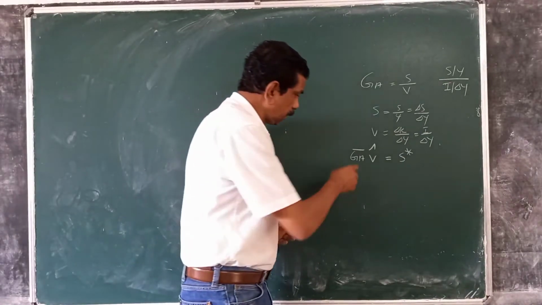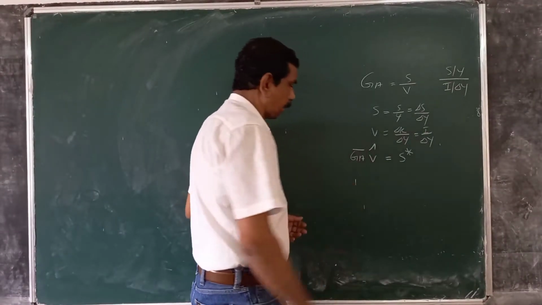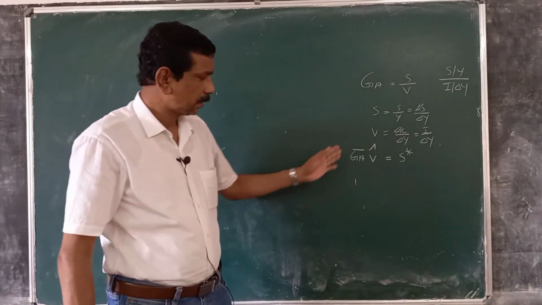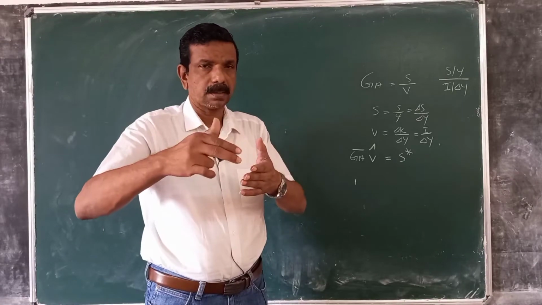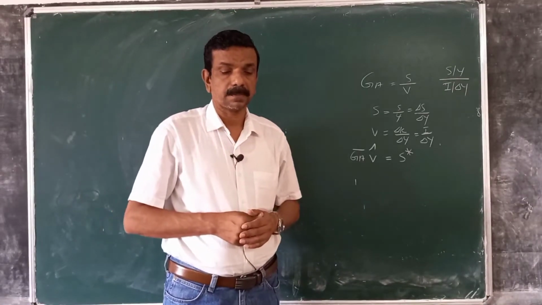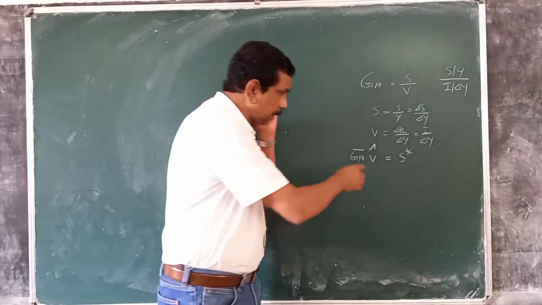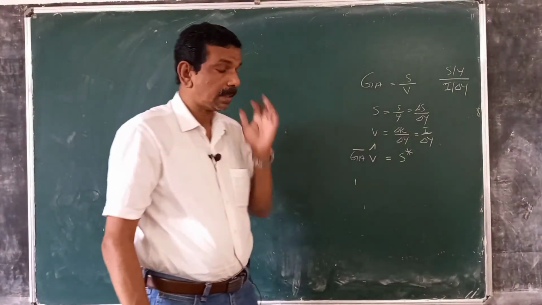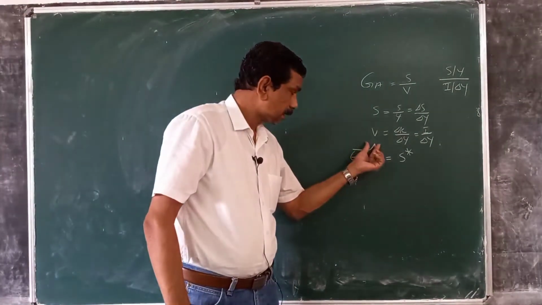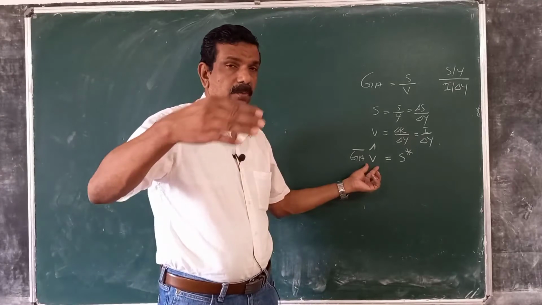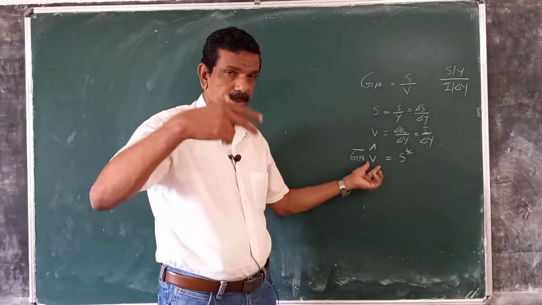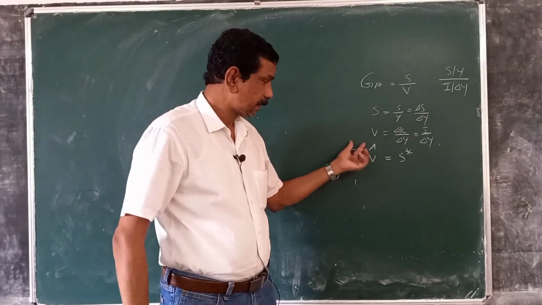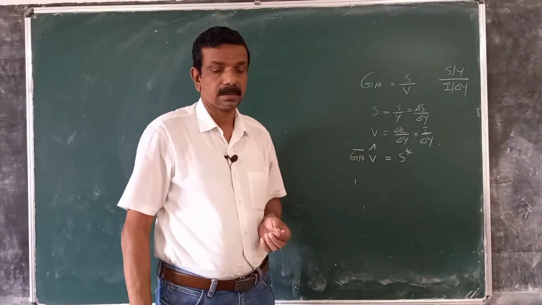Now, what is this GA bar? It is the targeted rate of growth fixed by the planning authority of the country. And what is V hat? V hat is the required capital output ratio to attain the targeted growth rate.